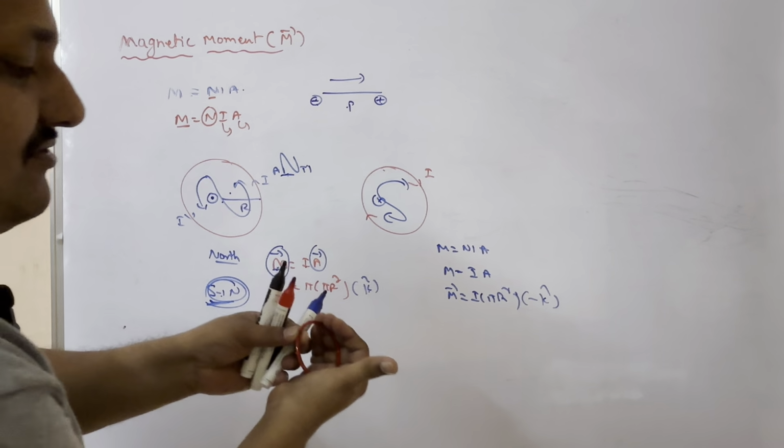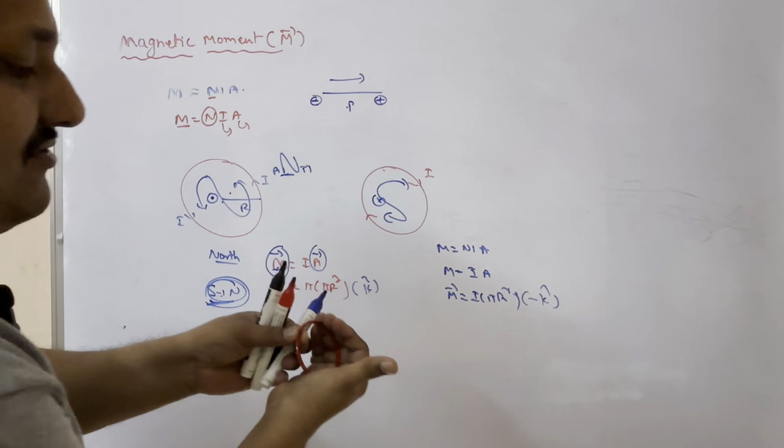So this is circular. Now if you take a rectangular loop like this, current is passing like this. This is L, this is B. Now what is the direction of this current carrying loop's magnetic moment? M is equal to I into A for one turn.